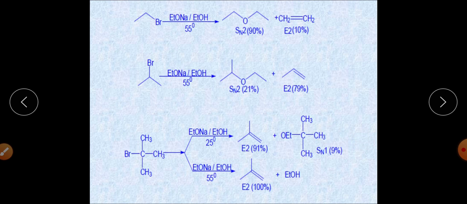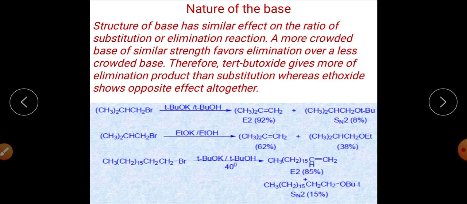So we can clearly say that when we are taking the overcrowded substrate, the chances of elimination reaction will be more in comparison to substitution. Now come to our third parameter, the nature of base.